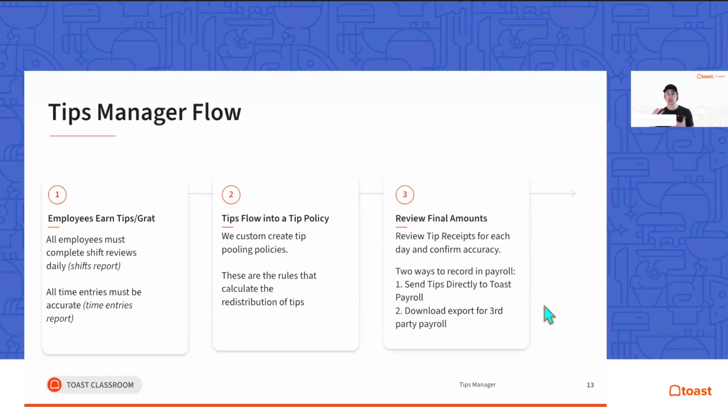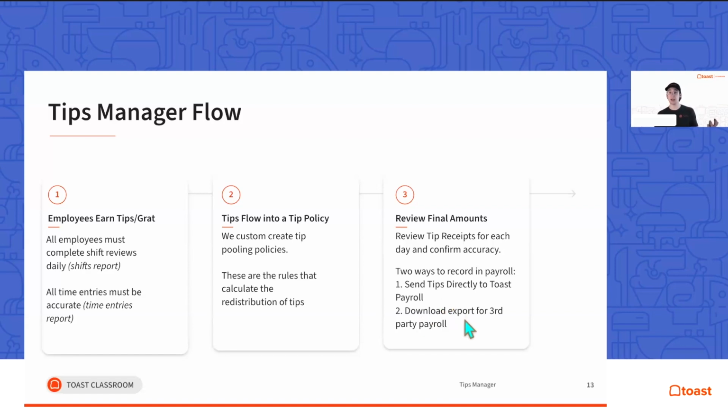And then to finally distribute those tips to our employees, we're going to review the final amounts in our Tips Manager reports. This allows us to review tip receipts for each day and confirm they are accurate, and then ultimately recorded in payroll. If we're using Toast Payroll, we can directly sync those tips and those final amounts to our Toast Payroll system to be recorded and or paid on paychecks.